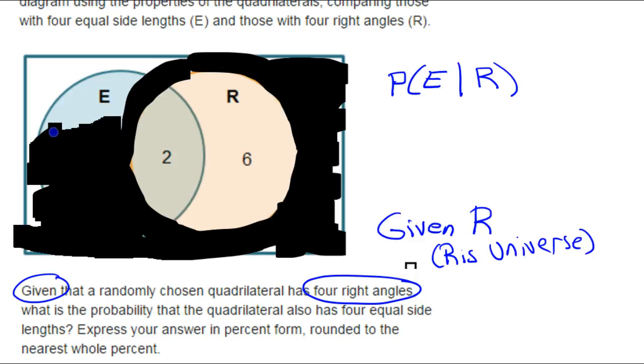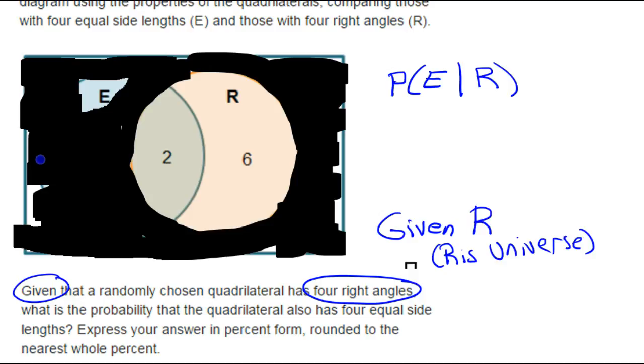Now I'm just going to leave E, the letter E, showing just enough to remind you that when we look at universe R, we see these two numbers, 2 and 6. So universe R includes 8 quadrilaterals. But remember that 2 was originally contained in circle E. So this is part of the overlap here.